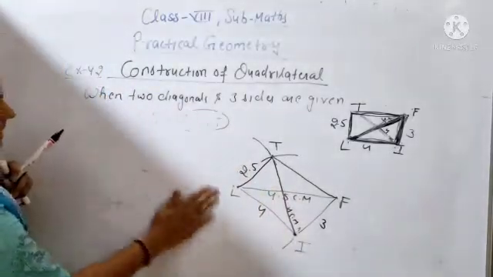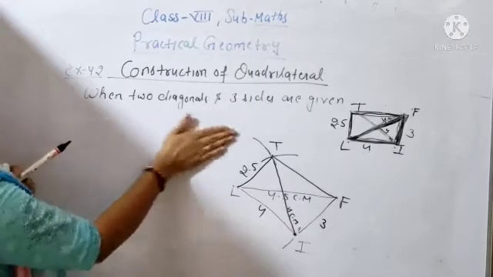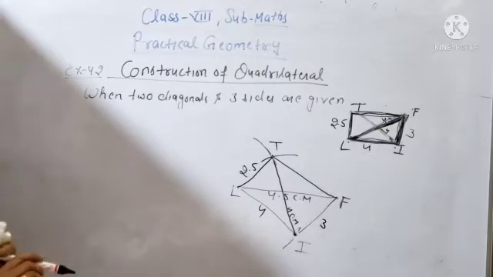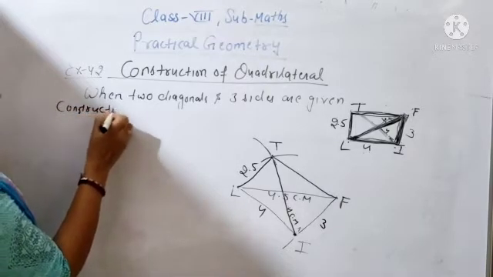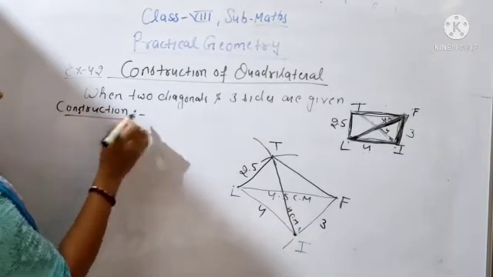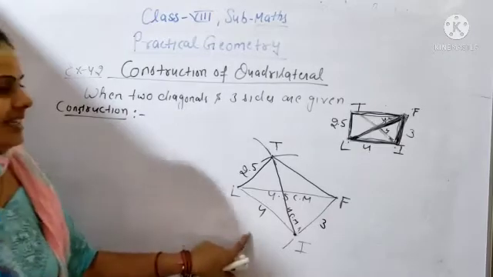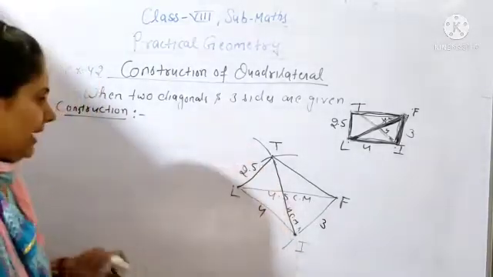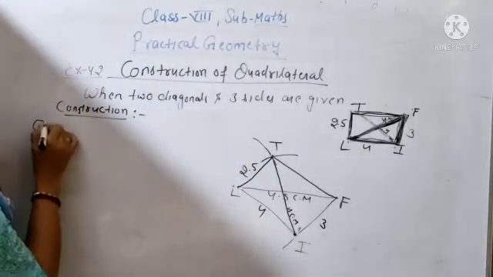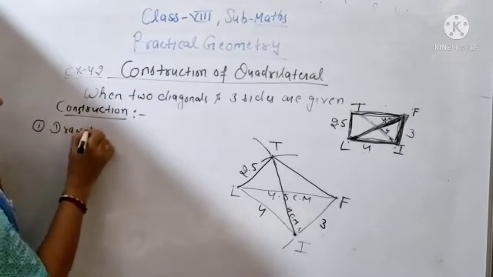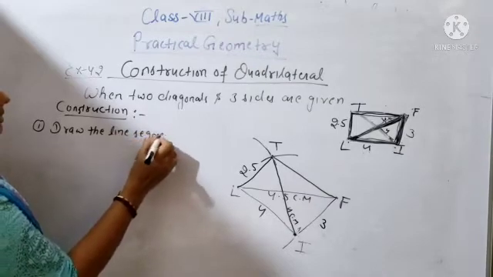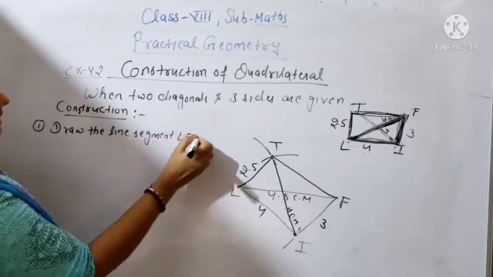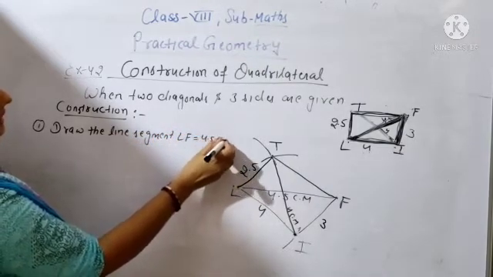For writing the construction, step by step in your own language you can write it. So in construction, beta, I am telling you step by step how you will write. One example, exercise first question construction. First, draw the line segment LF equal to 4.5 centimeter.